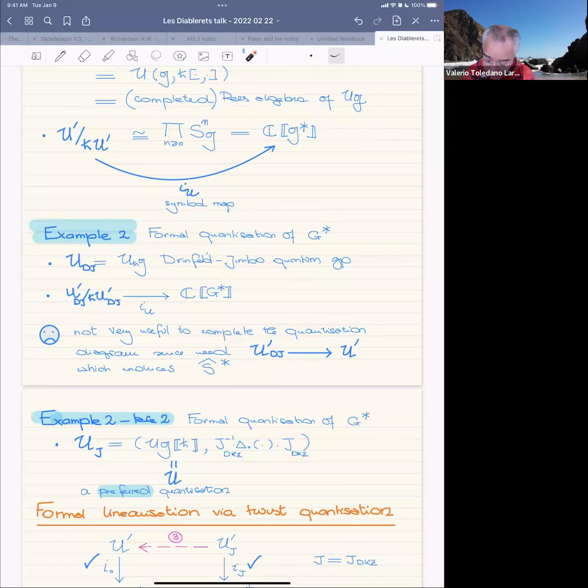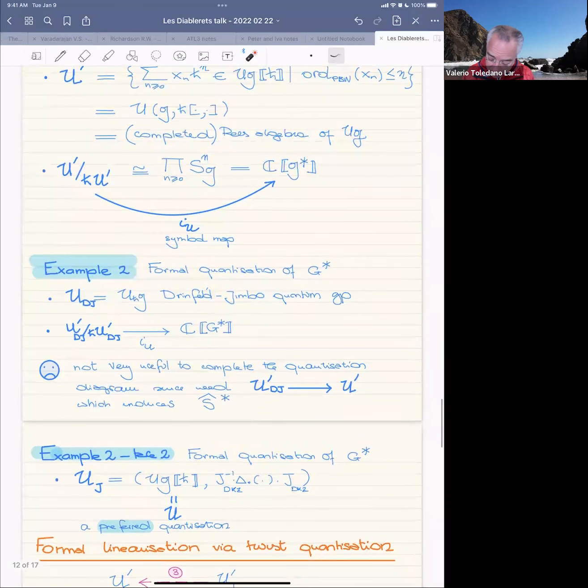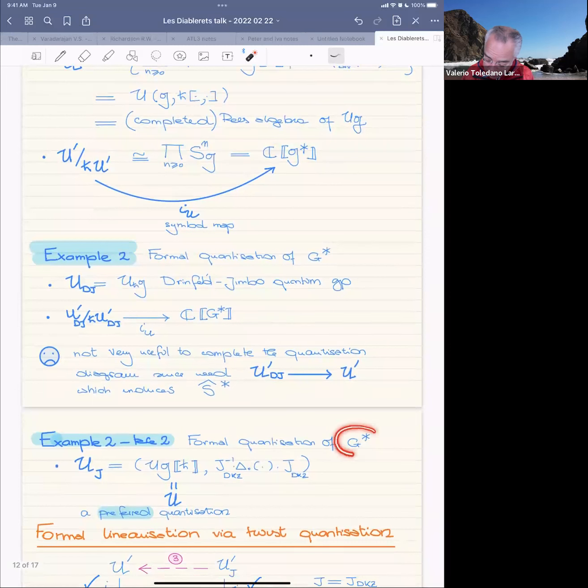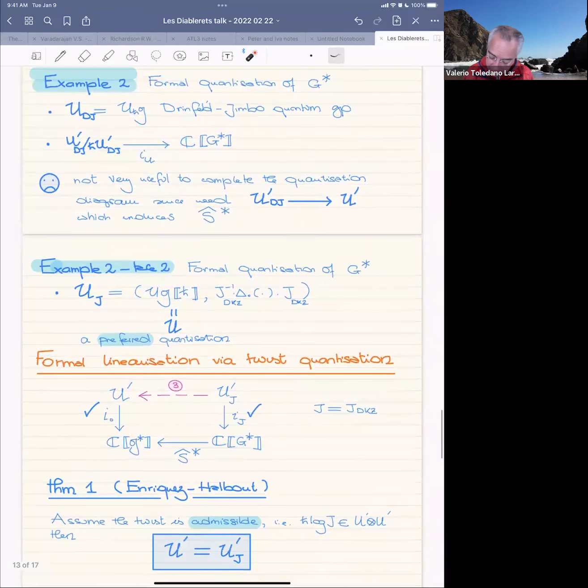So this is a quantization, and so it's going to give us, by Drinfeld duality, a formal quantization of this. Okay. So where are we now? We've now ticked this box. So we have a formal quantization of functions on this dual Poisson Lie group. And now we look for this isomorphism here.